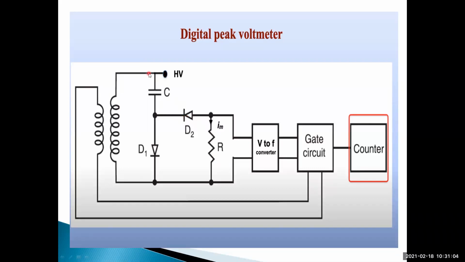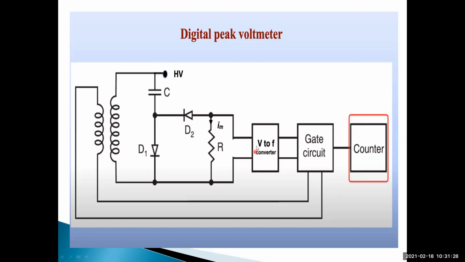and the capacitor discharges through the resistor R, the current flowing in this direction. Diode D1 is reverse biased and diode D2 is forward biased, and the capacitor is trying to discharge in this manner. In that case, whatever voltage appears across the resistor is converted into frequency by the voltage to frequency converter.